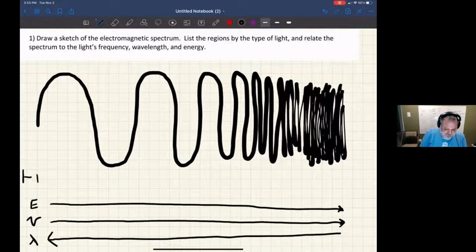So the first type of light is radio. Radio waves are first. Now, you don't need to know the exact frequencies and wavelengths that they occur at. You just need to know their order. So after radio comes microwaves.